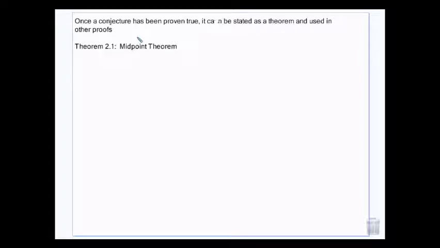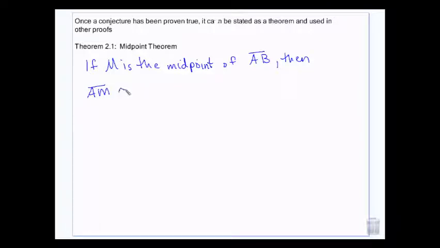So by doing that, we can now use the midpoint theorem, which is that if M is the midpoint of AB, then AM is congruent to MB. Okay, and the picture for that will look like this.